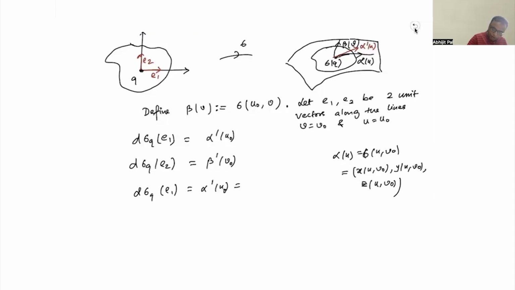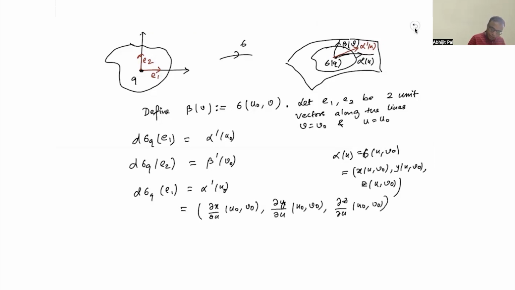Therefore, alpha prime u naught will be (del x del u evaluated at the point (u naught, v naught), del y del u at the point (u naught, v naught), del z del u evaluated at the point (u naught, v naught)).